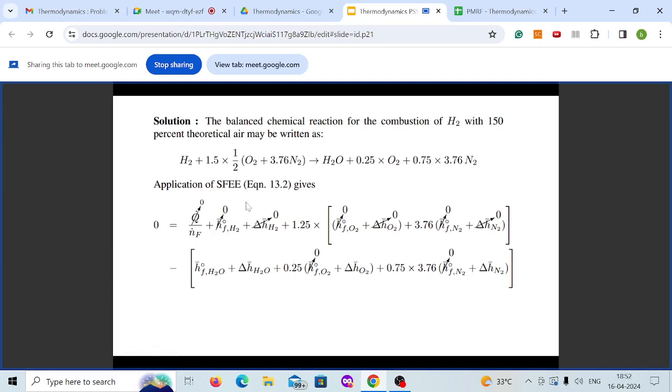So when we apply the steady flow energy equation, this is what we get, and the product temperature will be the adiabatic flame temperature.